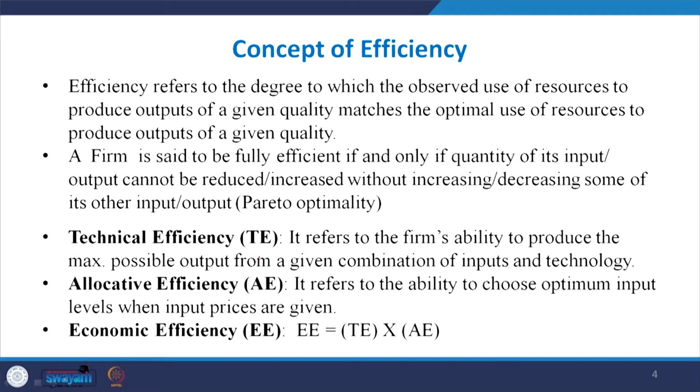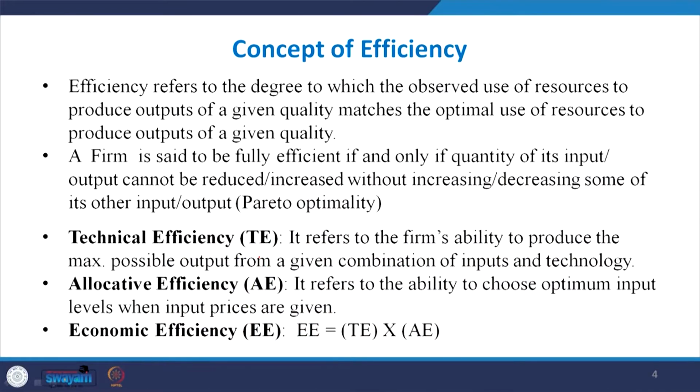And technology is very important because we can produce more output with the same inputs if the level of technology is changed. So, if you are increasing the level of technology or using improved technology with the same level of inputs, you can produce more output.